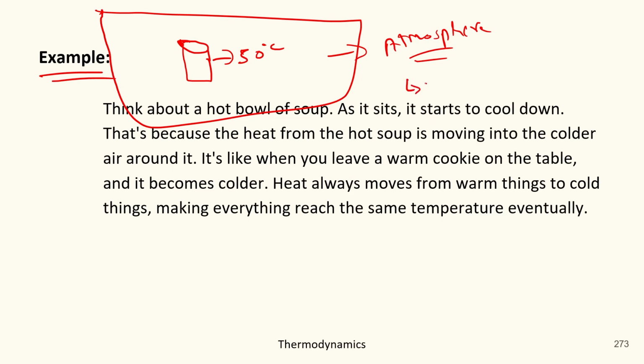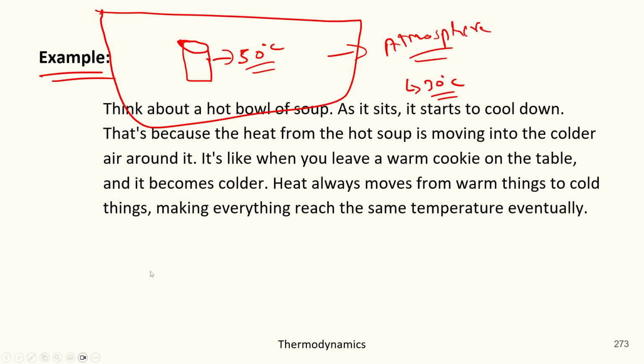The temperature of the atmosphere is only 30 degrees Celsius. So what is going on? The soup bowl which we put inside the atmosphere has a temperature of 50 degrees Celsius, whereas the atmosphere surrounding the soup bowl has a temperature of only 30 degrees Celsius. Got it?